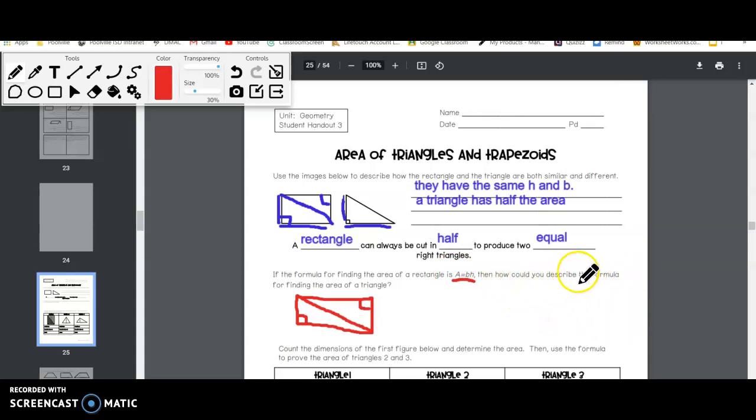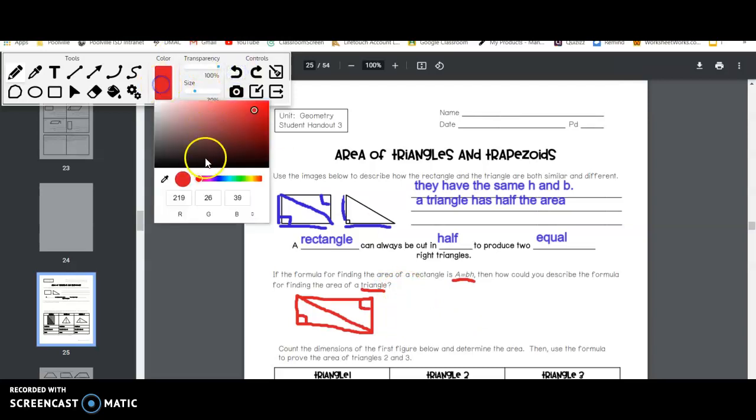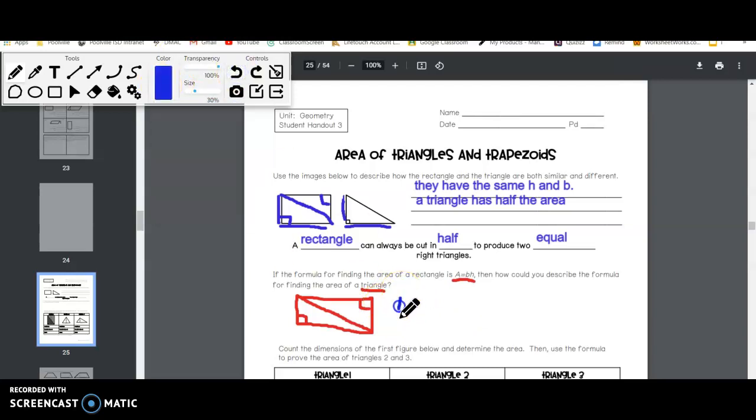So it's asking how you could describe the formula for finding the area of a triangle. Well, if we have a rectangle, we know to find the area it is height times base.